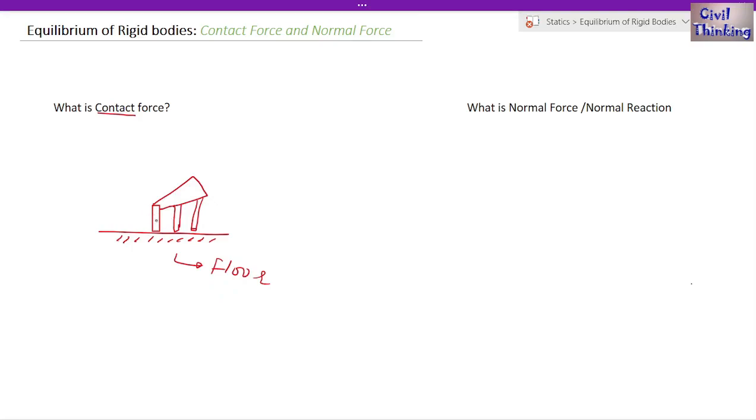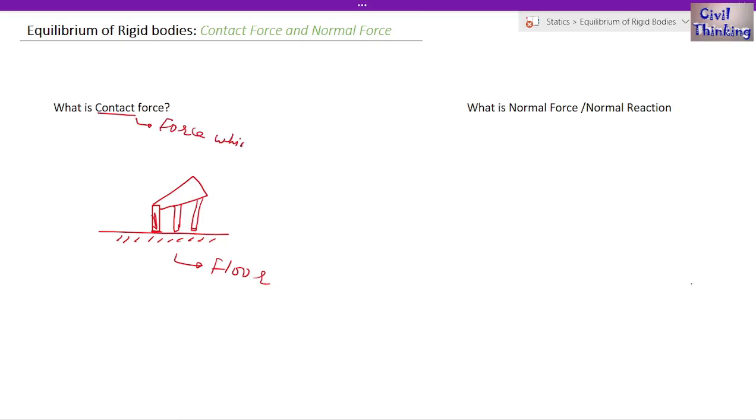Because the table came in contact with this floor, the leg of the table came in contact here, with the floor surface, there will be some force. Why? Because of this contact.